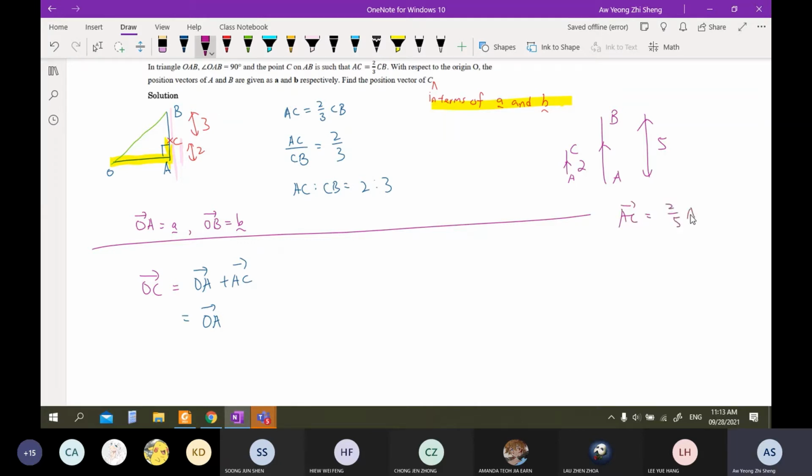AC and AB are pointing in the same direction, and that's why this scalar here is a positive number. So this is plus 2 out of 5 of AB.